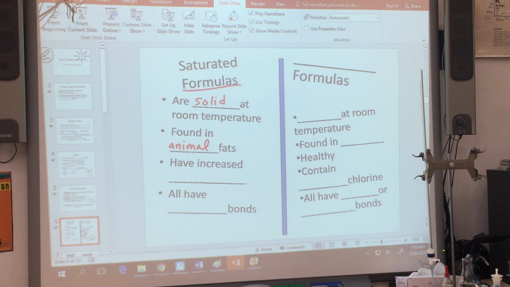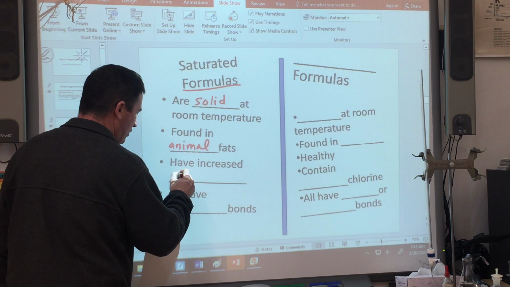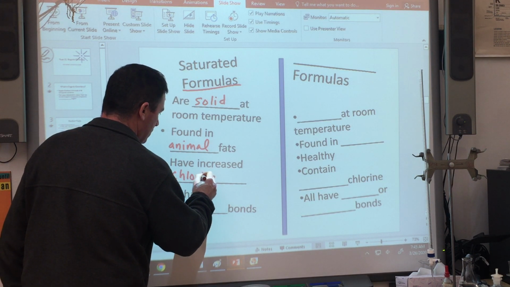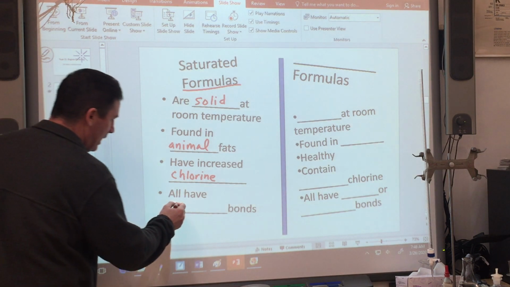They also have, in some cases, and we'll come back to this, increased chlorine content. They're more likely to have increased chlorine content. And saturated formulas, essentially what it means is that they have single bonds.